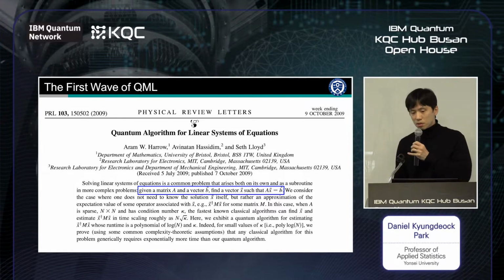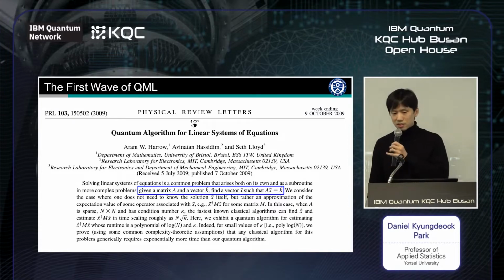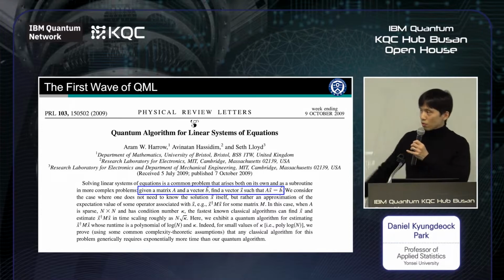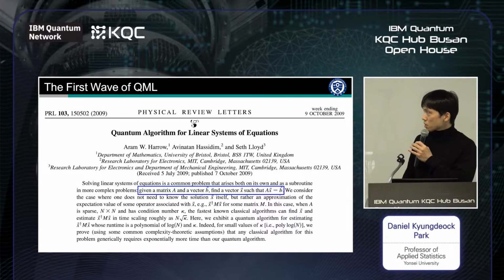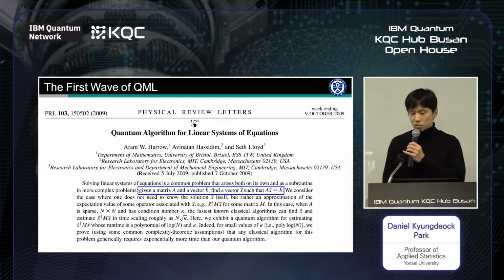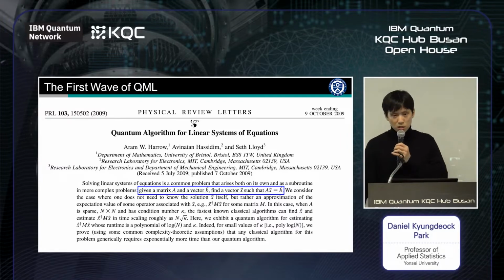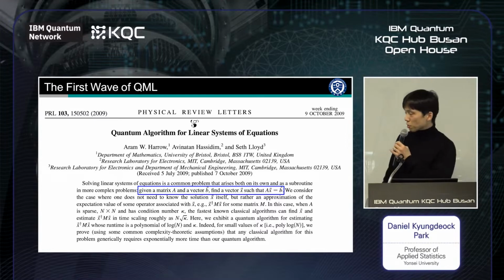For example, in very basic techniques like linear regression, we have to do a matrix inversion on a large covariance matrix. So this is quite common in data analysis, and this tells us that we can solve this basic subroutine on a quantum computer a lot better than on a classical computer.